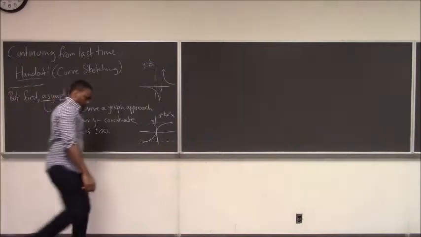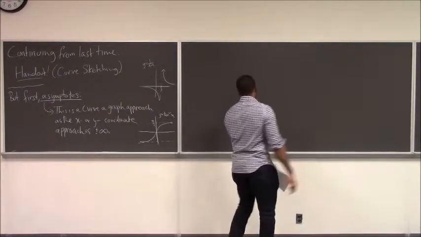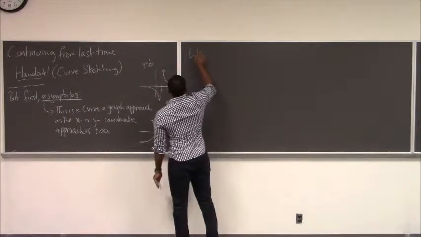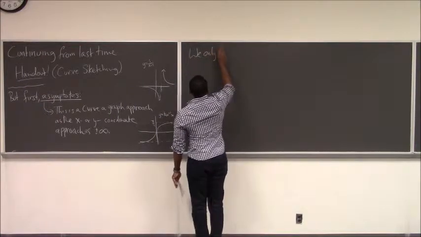Right? Now there are many kinds of asymptotes. You have what's called oblique asymptotes, but we're not going to care. So there are many kinds. We only care about 2 kinds of asymptotes.